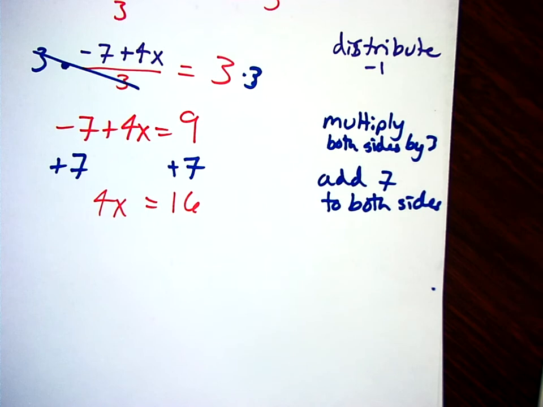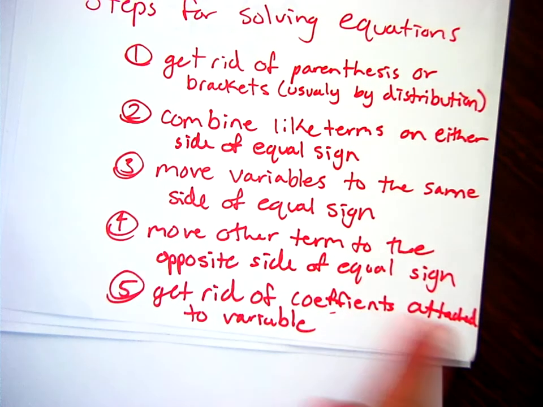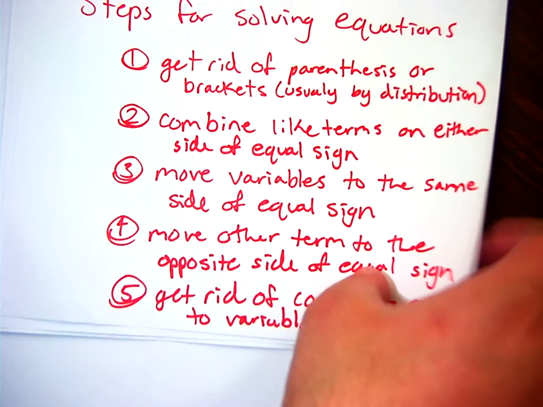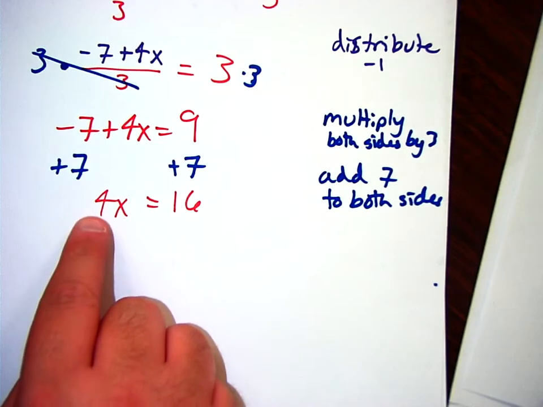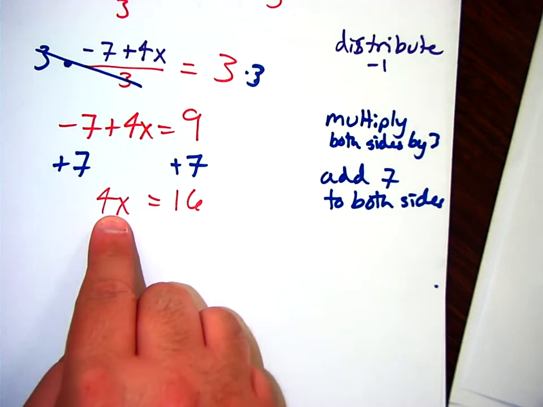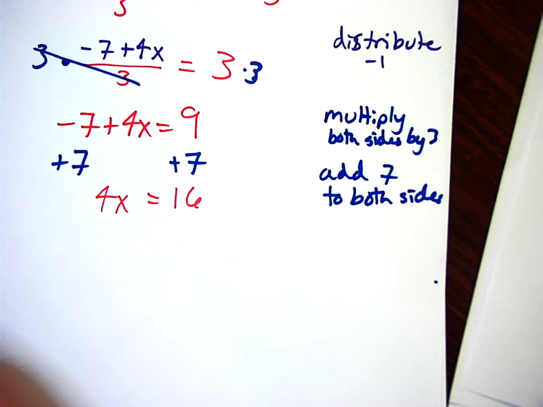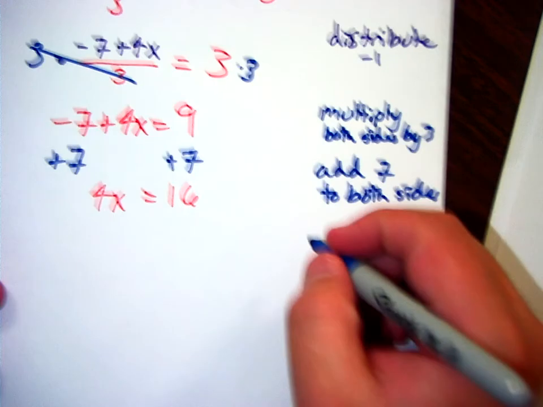Now we're going to move on to the last and final step. Get rid of the coefficients attached to the variable. Okay, so we got to get rid of this coefficient attached to x. Okay, that coefficient is 4. And what are we doing with it? 4 times x. Well, since we're multiplying here, we're going to inverse operate or do the opposite.